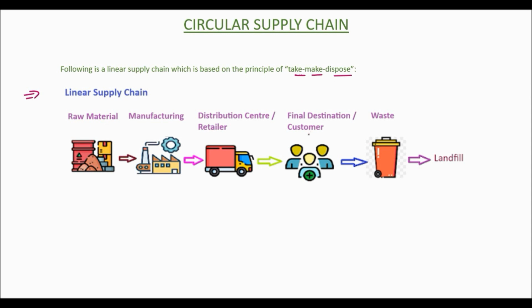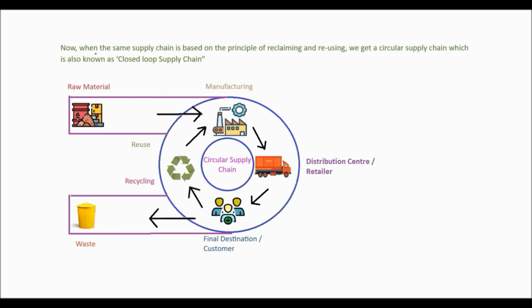Now, what does a circular supply chain look like? So let's look at that. Now, when the same supply chain is based on the principle of reclaiming and reusing, we get a circular supply chain, which is also known as a closed loop supply chain. So as you can see here, the raw material goes to the manufacturing unit, the finished product goes to the distribution center and eventually to the retailer.